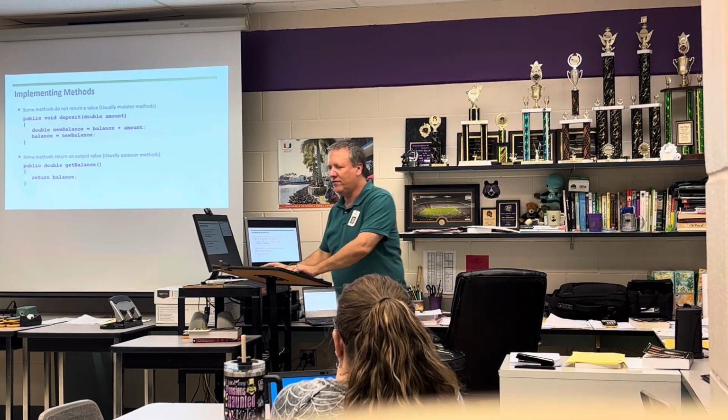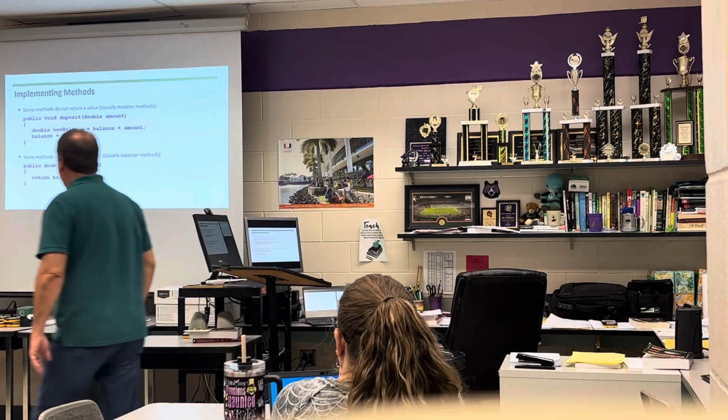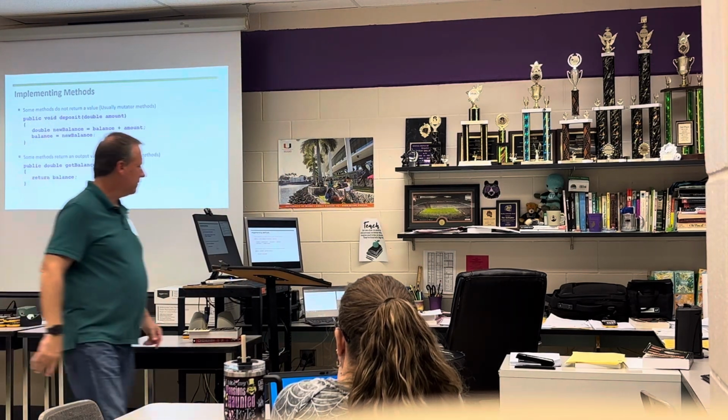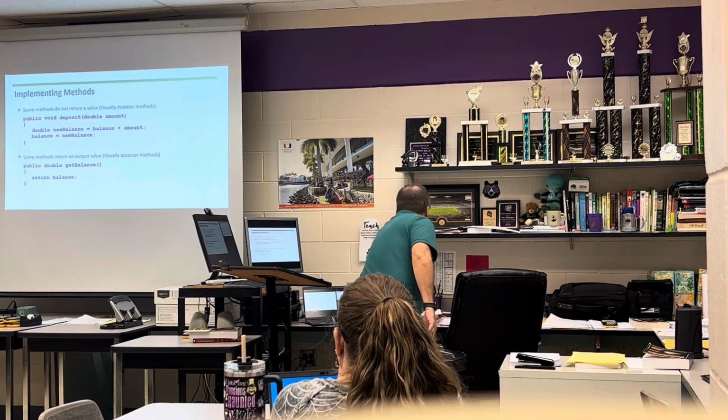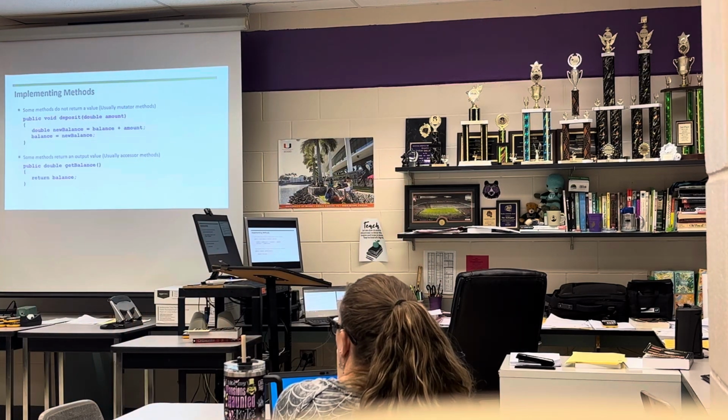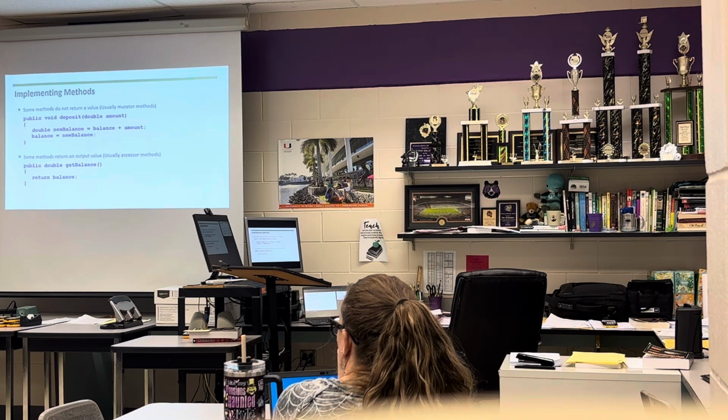Yes. Instead of those two lines, I could have just said balance equals balance plus amount. Plus would have added 1, but I just want to add amount to it, right?